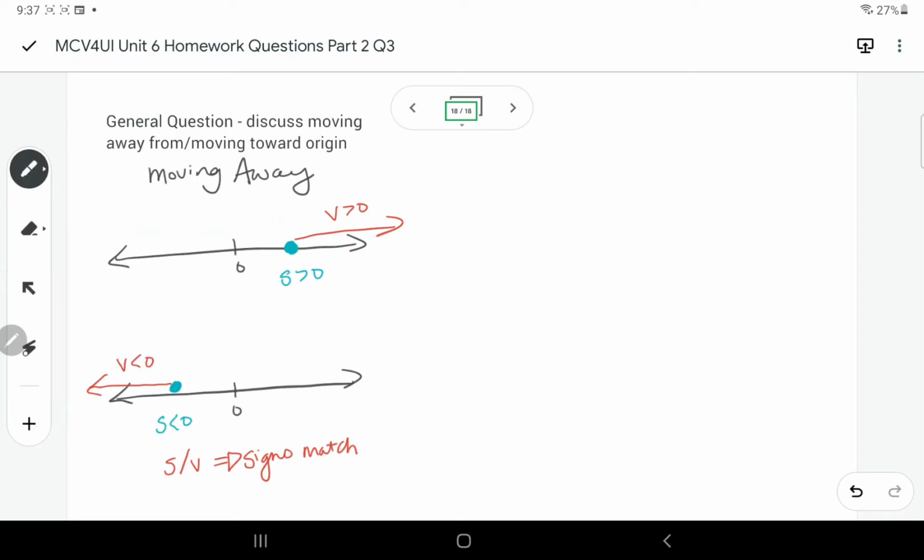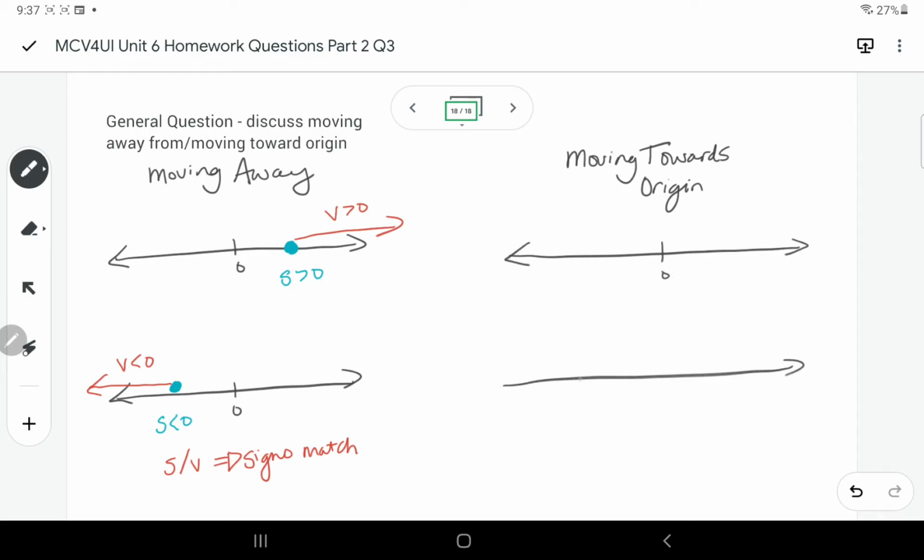And kind of the opposite of that, if it's moving towards the origin, it depends where it's located, what you need its velocity to be doing. So say you had your object in a positive position, so its S value is positive.